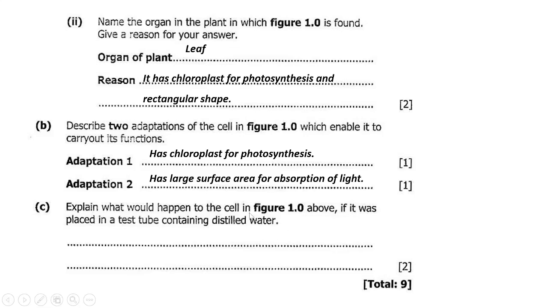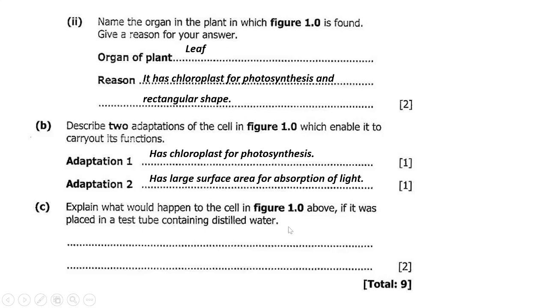The cell has cell sap, which is a solution of sugar and salts at high concentration, while the test tube contains distilled water, which has no substances in it. So the cell content is at high concentration, while the test tube content is at low concentration.